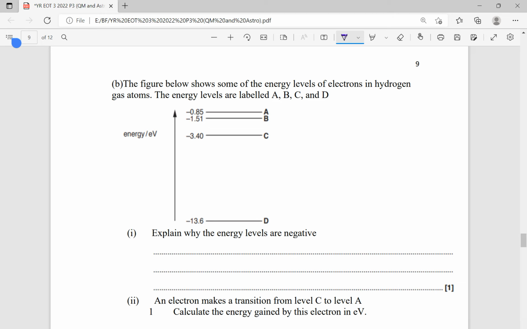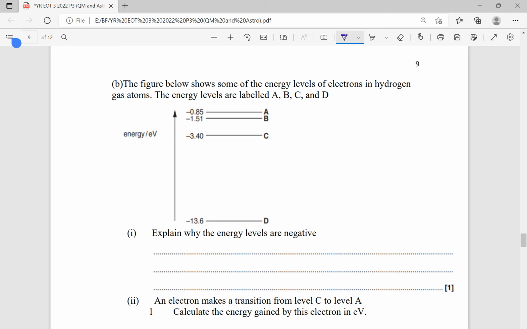Okay, next, explain why the energy levels are negative. We said an electron at infinity is completely free from the force of attraction, therefore it should have the greatest amount of energy. But remember, electrons are tightly bound to the nucleus. That means if you try to take it to infinity, where it should be completely free with the greatest amount of energy, then you should add energy to it. It should be gaining energy to leave the atom.